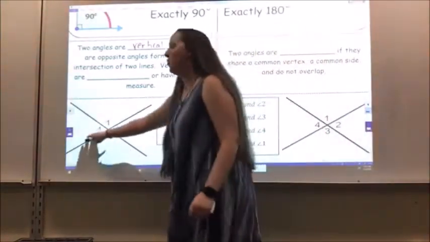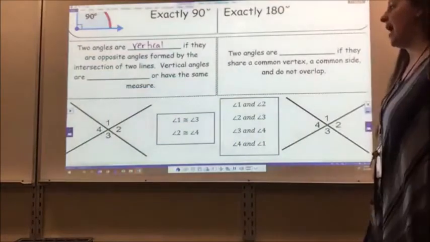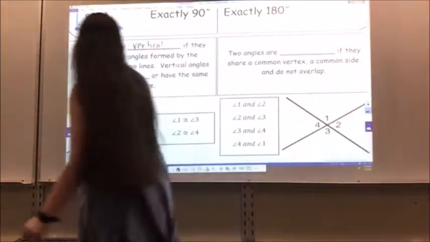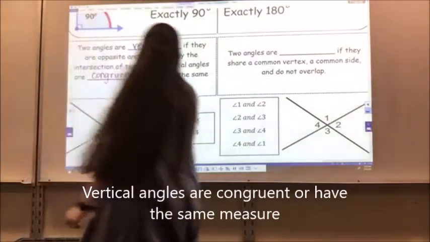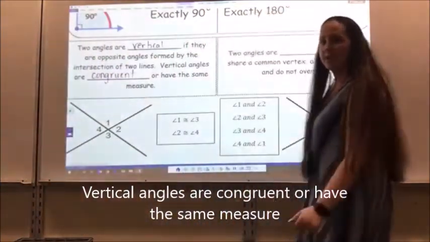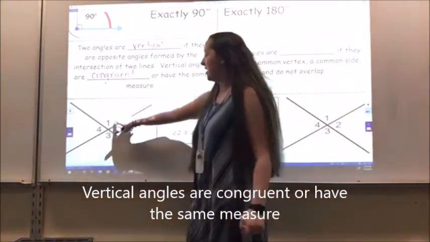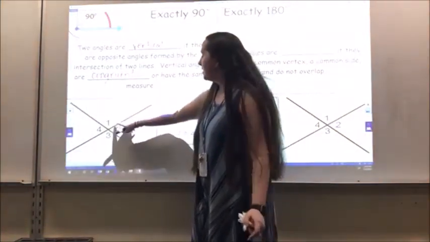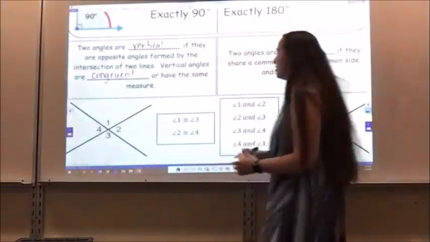So are 2 and 4. Okay? Vertical angles are blank or they have the same measure. In that blank, you're going to write congruent. So vertical angles are congruent, meaning they have the same measure. So if angle 1 here was 70 degrees, then angle 3 would also have to be 70 degrees.